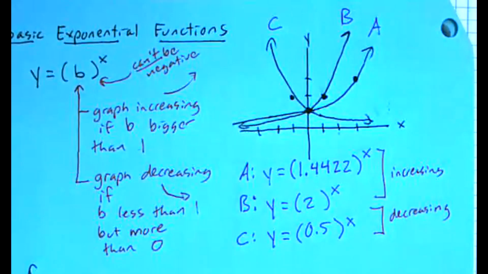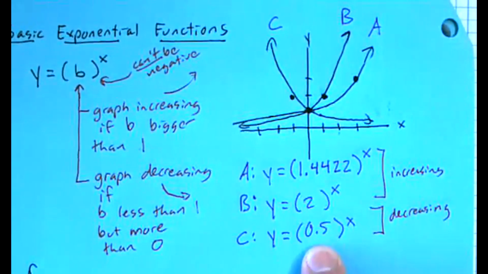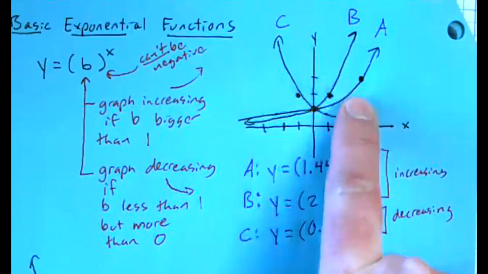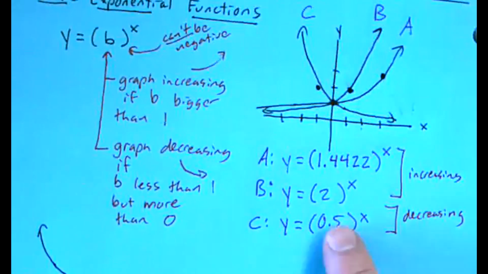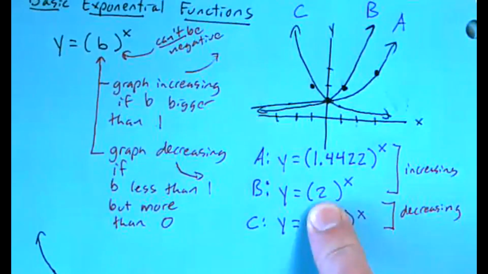Volunteer. We're going to look at B. We're going to look at the number here. And what's something special about that number that's going to help us know whether it's this one or this one or this one? If B is less than 1, what's going to be true about our graph? Is it going to be increasing or decreasing? If B is less than 1, it's going to be decreasing. And if B is bigger than 1, it's going to be increasing.